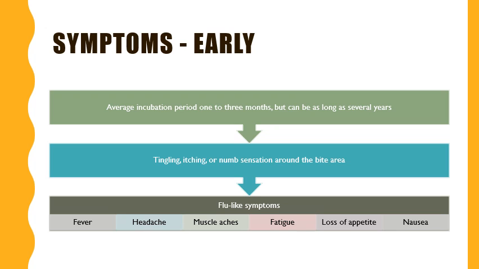Usually patients would report a tingling, itching, or numbness around the bite area. That's a common symptom of rabies. Then, when the infection is becoming more active, they may report flu-like symptoms, like a fever, a headache, some muscle aches, fatigue, loss of appetite, and nausea.